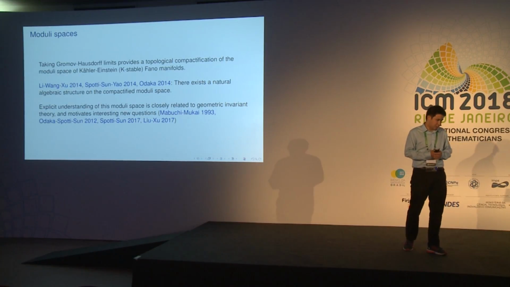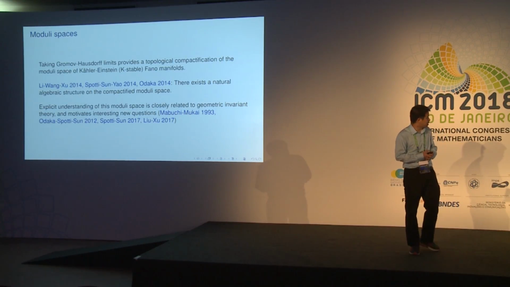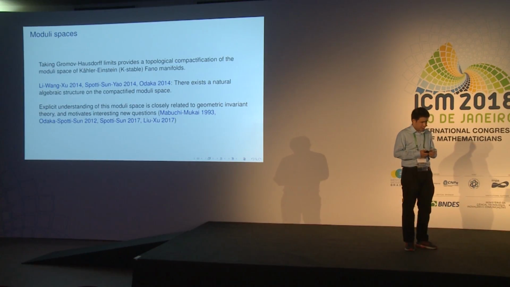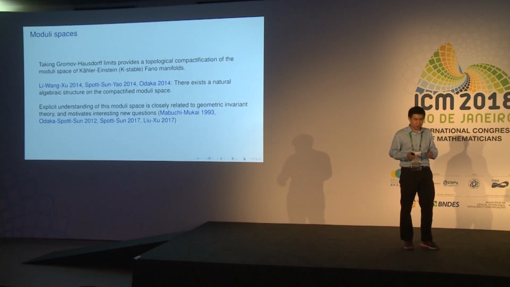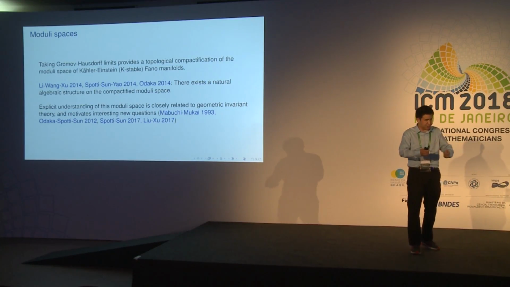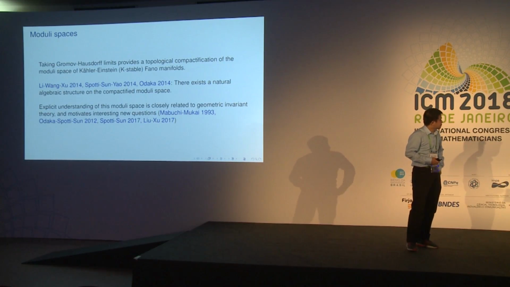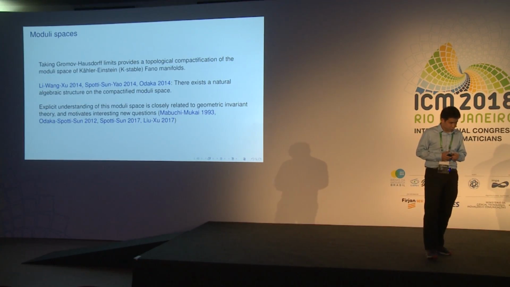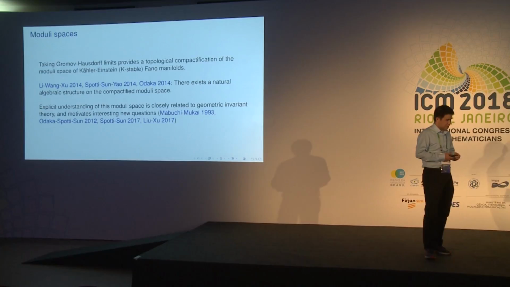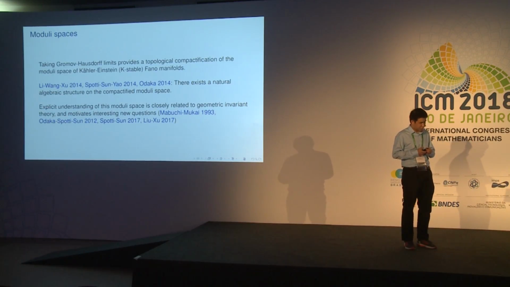They are also some kind of Q-Fano varieties. So you will have a compact set in which each point corresponds to an algebraic object, but the procedure of getting these things on the boundary is through Gromov-Hausdorff limits, which are fairly non-algebraic.